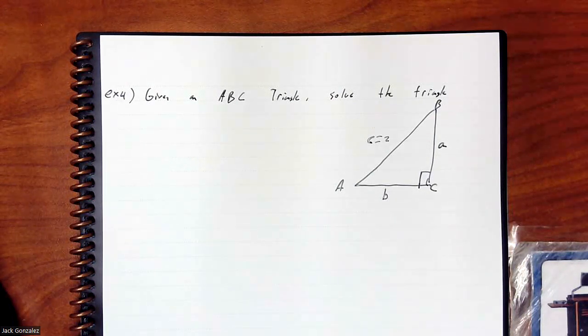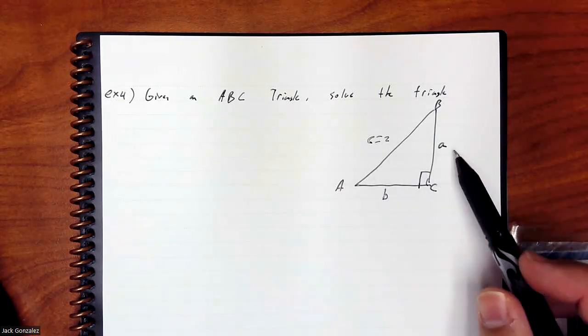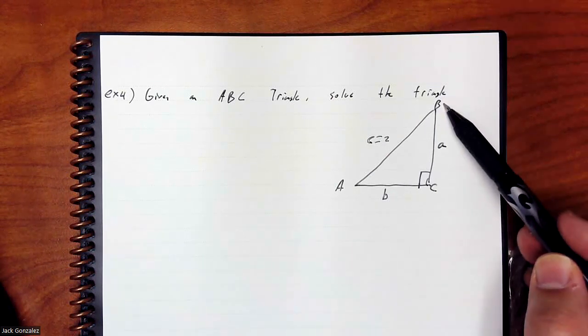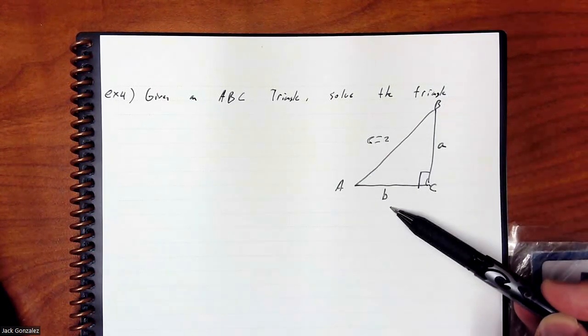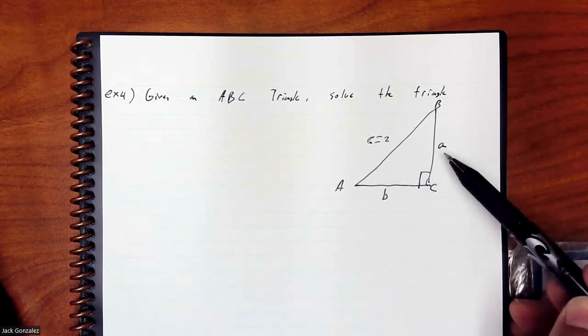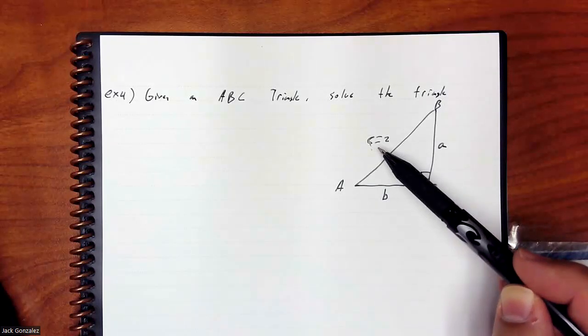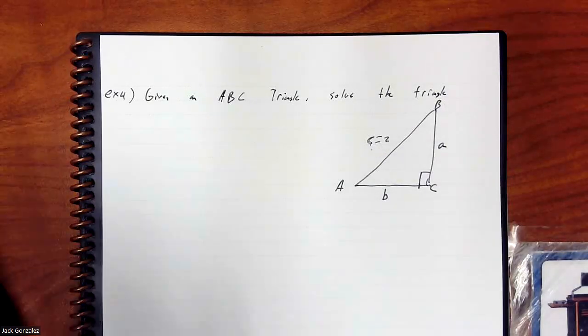So lowercase will be sides, and I'm always going to write them opposite to their capital counterparts. So capital B, opposite side is little b. Capital A, etc. Capital C. Does that make sense? So just always write it that way when we're solving these.